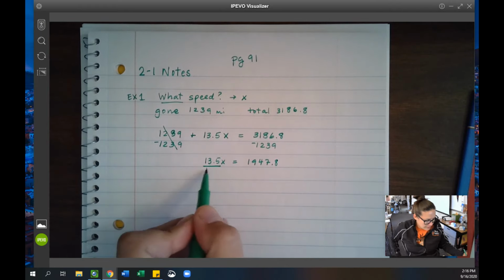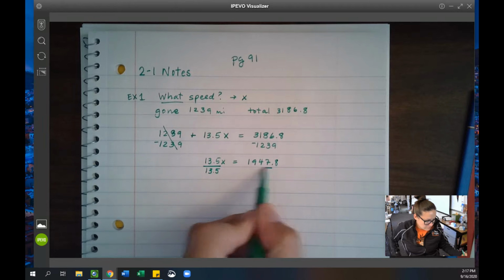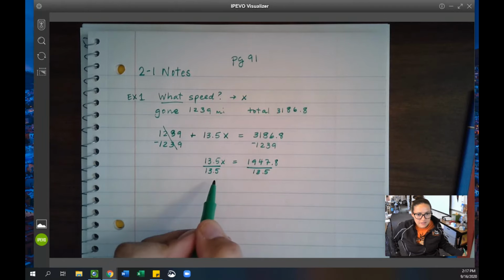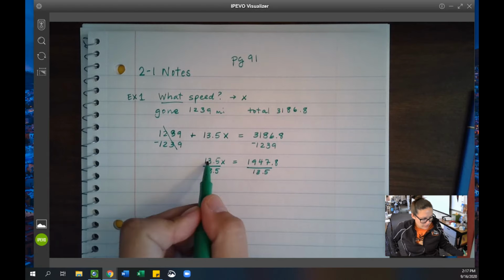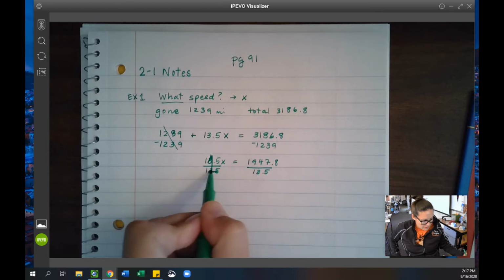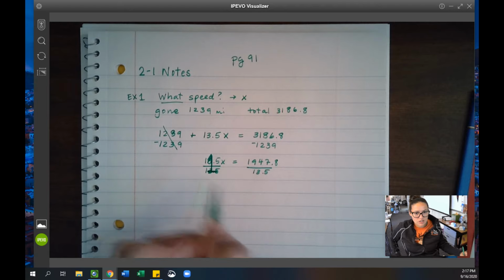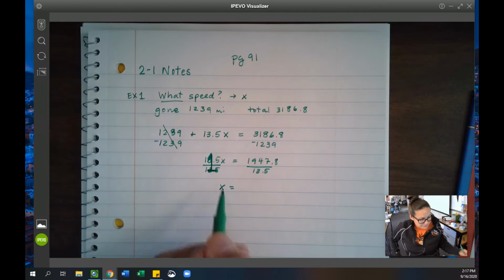Now I'm going to divide. When I divide this, that gives me 1. Remember, we've talked about lots of different versions of 1? Well, this is a version of 1. That's just 1 right there. And guess what? 1x is just x.